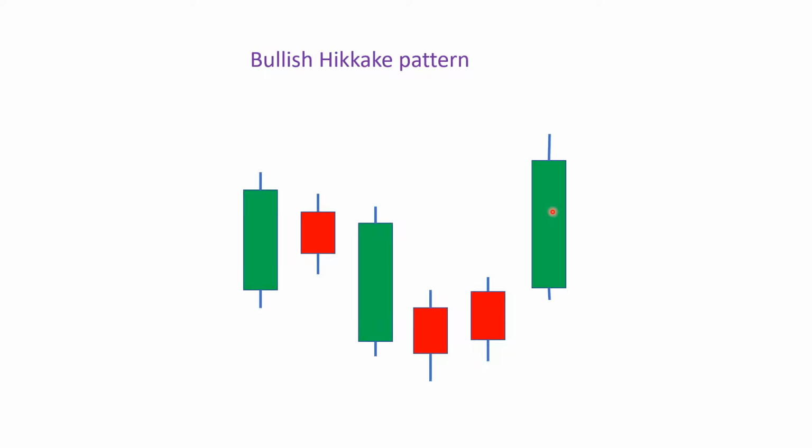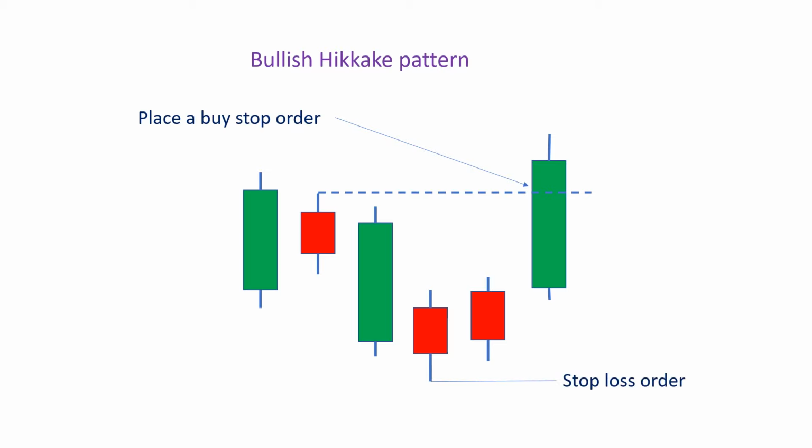To trade the bullish Hikkake pattern, wait for this bullish candle to pass the high of an inside bar, and then you place a buy stop order right here, and immediately you put your stop loss at the lowest point in the Hikkake pattern, which is right here.